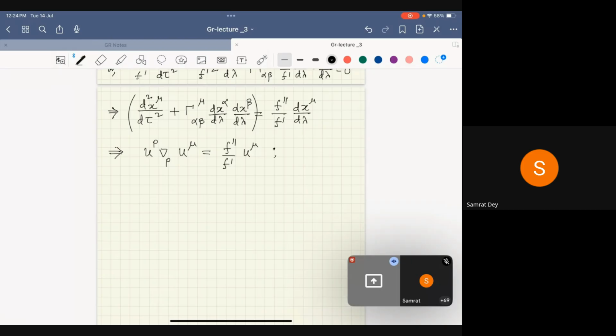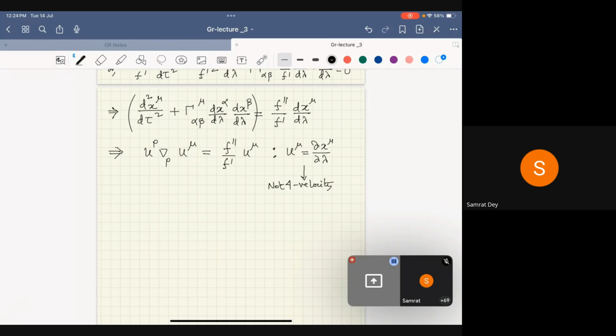But remember, this u mu, del x mu del lambda, is not the 4 velocity. It may be some velocity, but it's definitely not the 4 velocity, because 4 velocity is defined with respect to proper time.